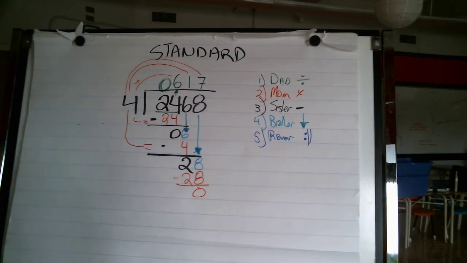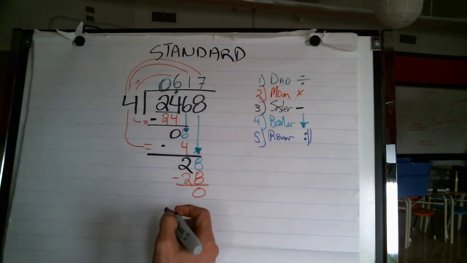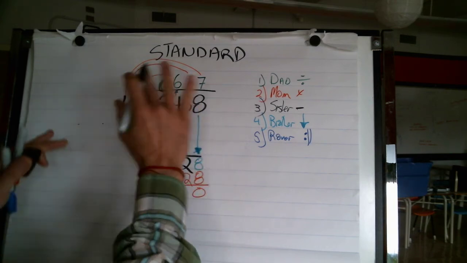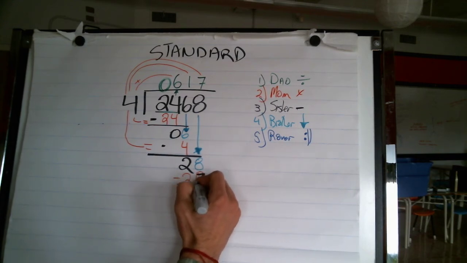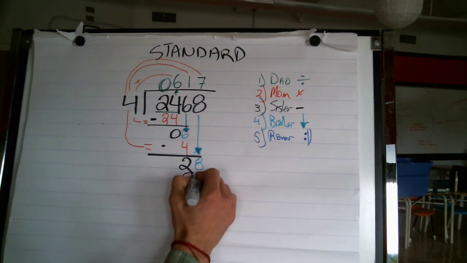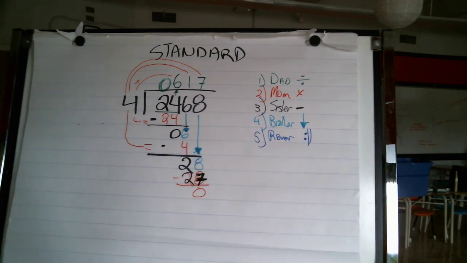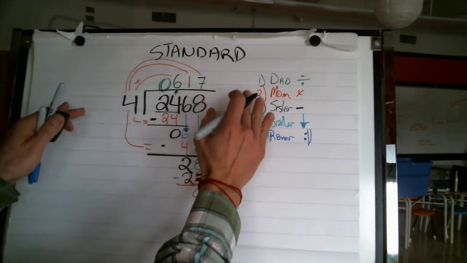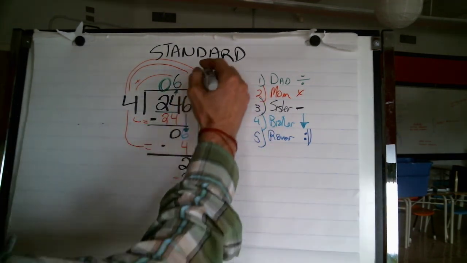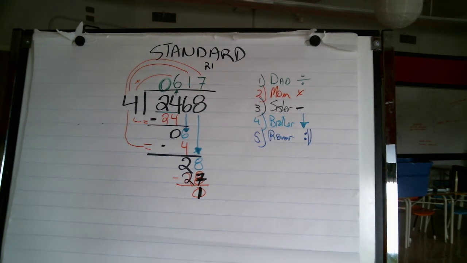Okay? I want to throw something in the mix right away. Because let's say that this actually ended up equaling 27. I know it doesn't, but let's just say. Because now I end up with 1, but I'm out of numbers. I don't want you to use a remainder 1 in this form.